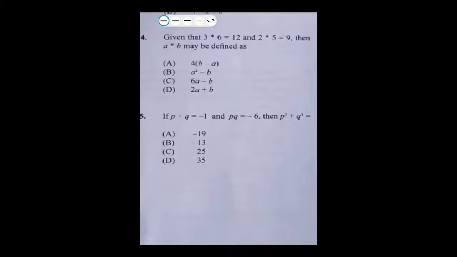Before we go ahead, let's just mark our A and B. So 3 would be A, 6 B, 2 A, and 5 B. We're going to label the first equation, 3 * 6 is equal to 12, as 1. And then we're going to label 2 * 5 is equal to 9 as the second equation.